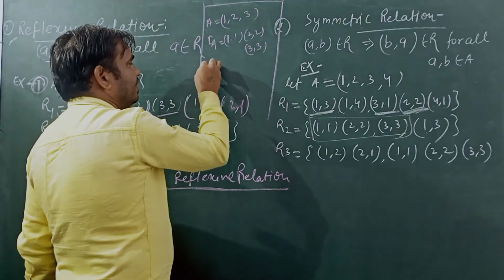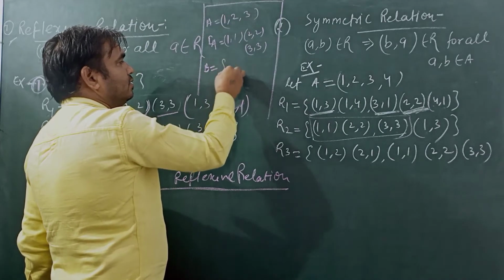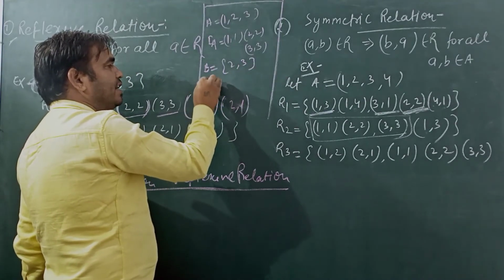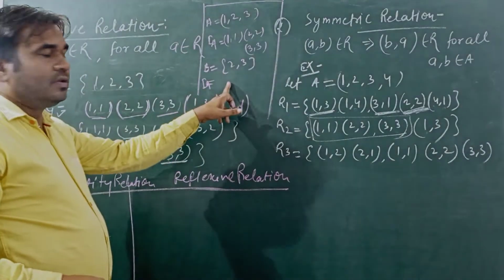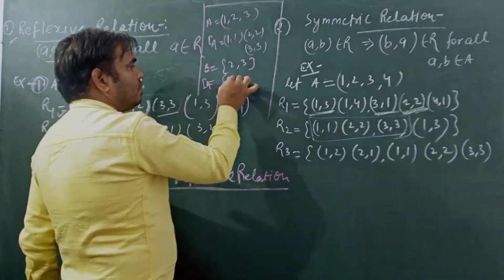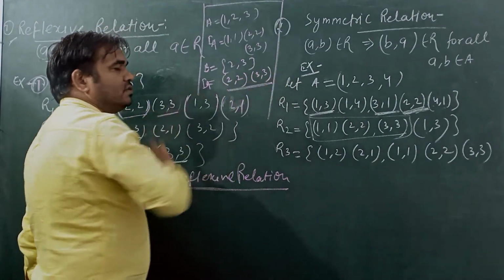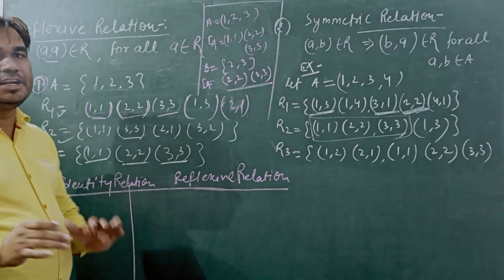Let us see the second. Here we find out the identity relation of set A. Here you see (2,2) and (3,3). So this is also called identity relation.